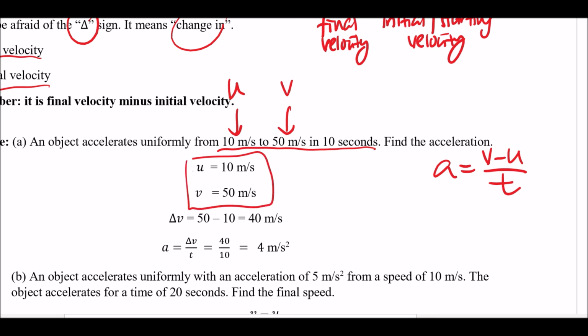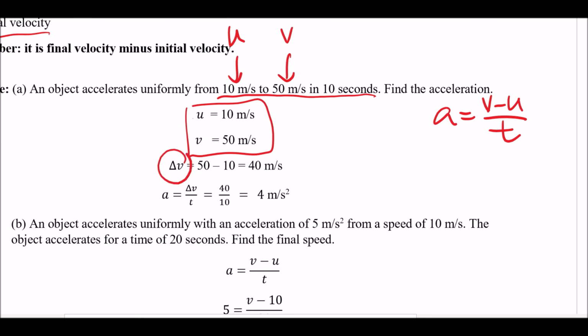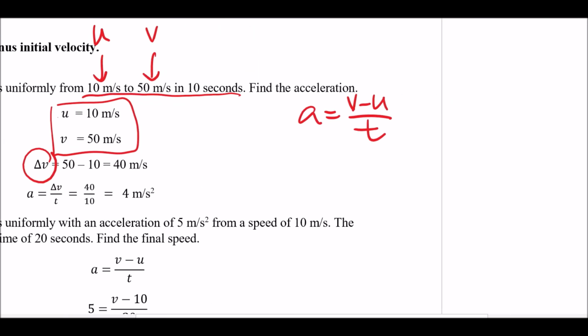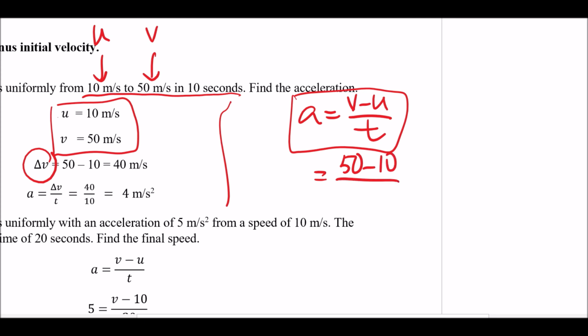Here I use delta V, or if you don't like this, you can always use this formula, A equals to V minus U over T, that is equals to 50 minus 10 over time taken 10 seconds. Okay, that will give you 4 meter per second square.